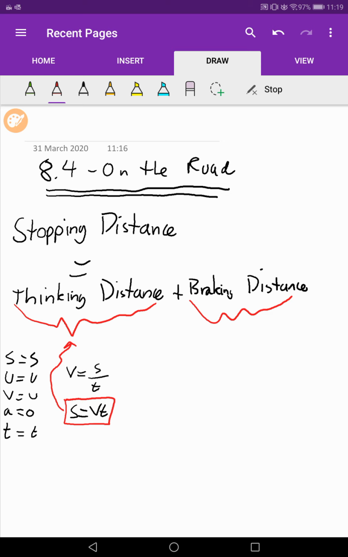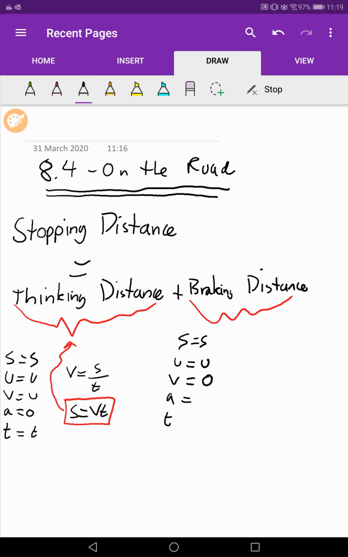Now, our braking distance, again, we've got SUVAT. So we're going to go with distance S. We're going to have our initial speed U. Our final velocity is going to have to be 0.